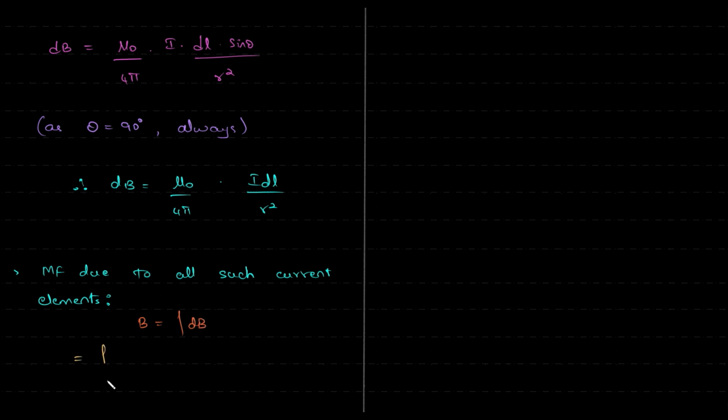So when we substitute it, mu naught by 4 pi, it's constant. I dl, I is constant. dl, well, length, that's what we have to integrate. R squared, the distance will not change, as R remains the same for all elements.